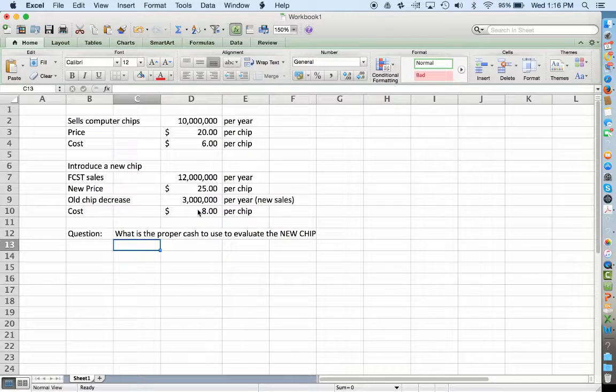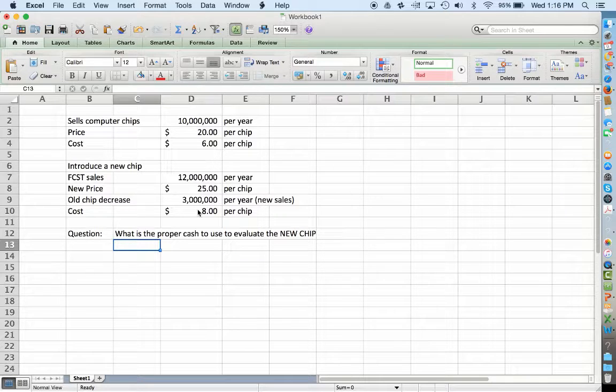Right? So if I have this stellar pen and it generates a certain amount of cash flow each year, and then I introduce a new pen, the two of them together should be better than the one individually. And I just want to make sure the new one doesn't completely destroy the business.